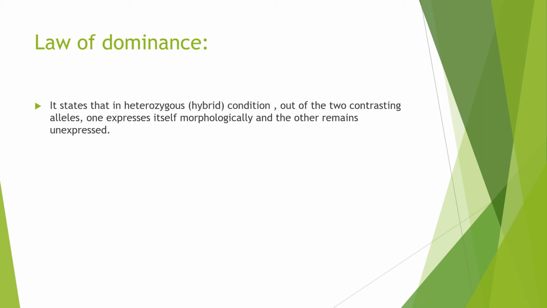In the heterozygous condition we have two types of alleles, like capital T and small t. One allele represents the tall character and the other represents the dwarf character. The law tells you that one will express itself in the next generation and the other will remain silent. It will not express itself.